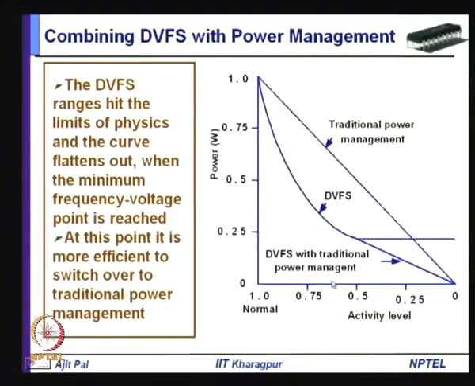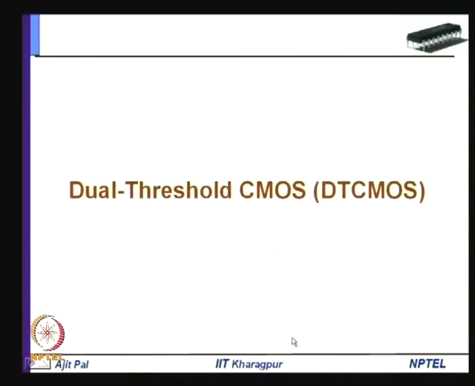By that I mean over the entire activity level. Even when the activity level is very close to 0, you can make the duty cycle very small, and as a consequence there will be reduction in leakage power. So, this is a technique where dynamic voltage and frequency scaling and power management have been combined.